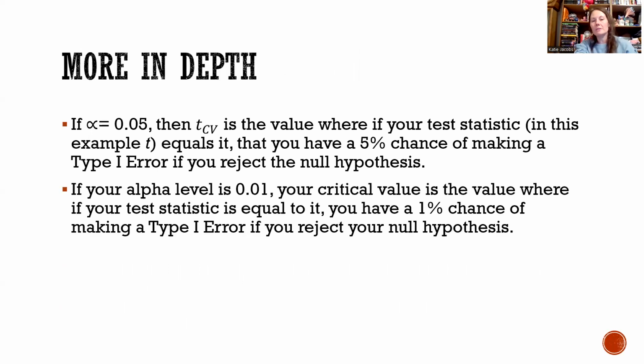If your alpha level is 0.01, your critical value is where you have a 1% chance of making a type 1 error if you reject the null hypothesis with the data set that you have.